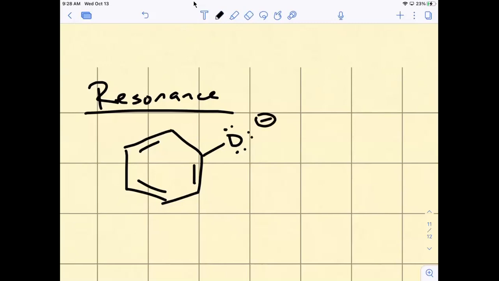Can I do resonance with that? Yes. You see this pattern right here, this allylic anion pattern. So I can do resonance here and here.